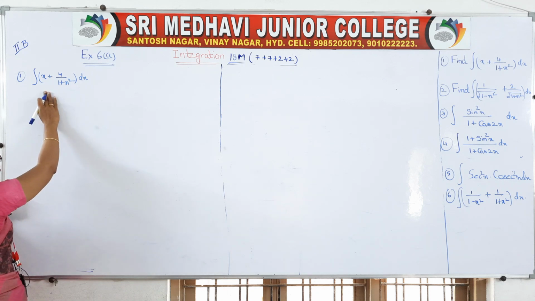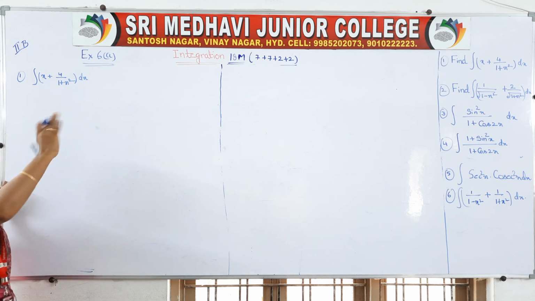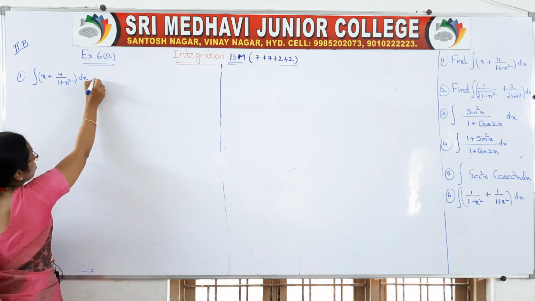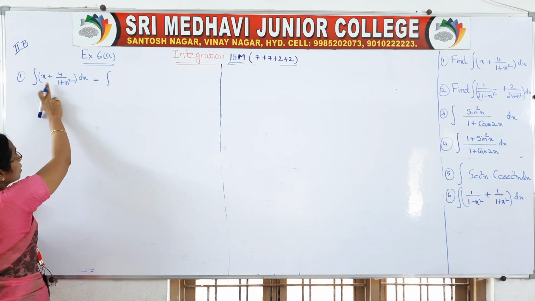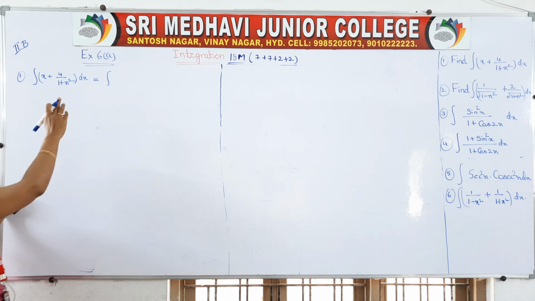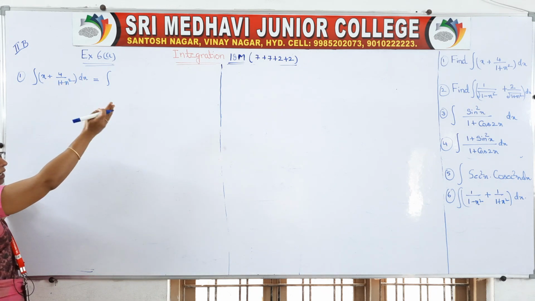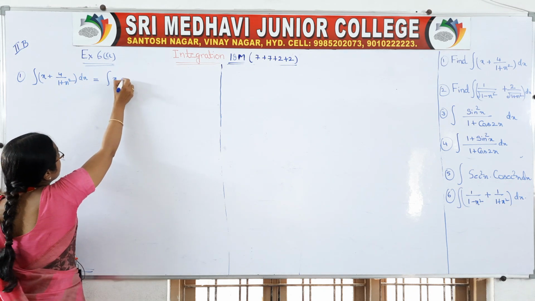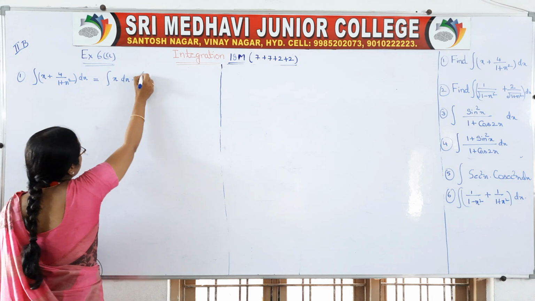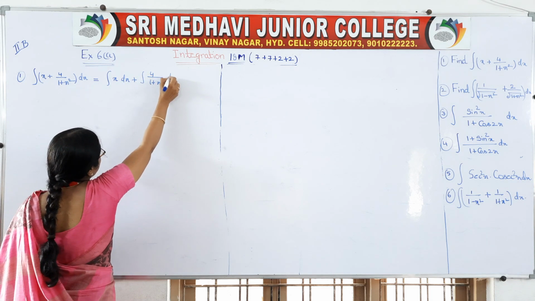If two terms are there, three terms are there and plus minus signs are there in between them, then you take the separate integrals. Here x term is first term, after that we are having plus. So in between two terms we are having plus sign, means we have to take separate integrals now. So integral x dx plus integral 4 by (1 plus x square) dx.